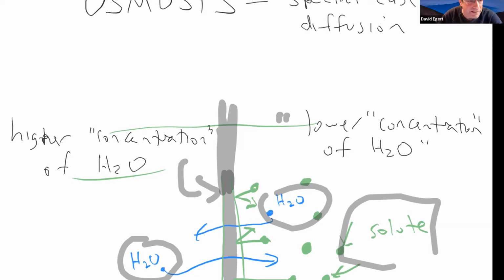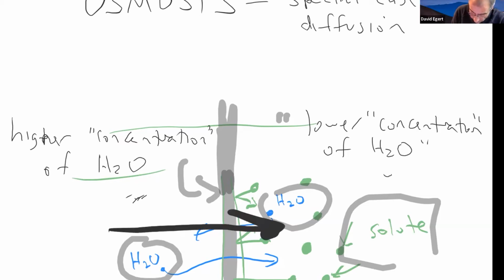But the reality is there is a higher concentration of water on this side than this side. So what's the net movement of water going to be, given that the solute can't move? The solute is trapped. To the lower concentration of water. Yeah, so water is going to have a net movement going this way.